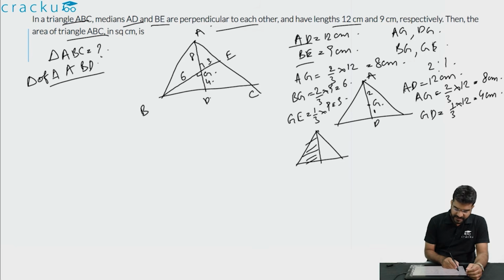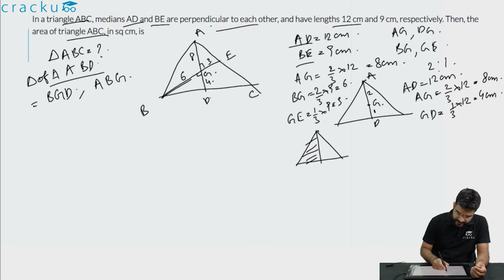So in order to calculate the area of ABD, we can find out that ABD is actually equal to the sum of two right angle triangles. One right angle triangle is BGD and the second right angle triangle is ABG. Both of them are formed when AD and BE intersect each other at a right angle.